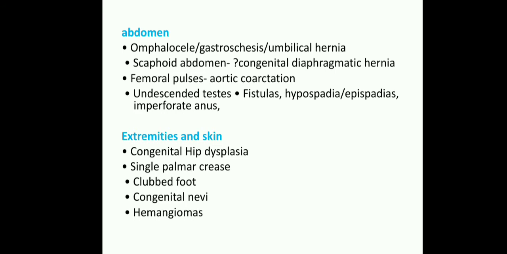And epispadias, you know about male children how the urethra is placed in the glans penis. But here epi means above the penis it is there. Hypo means below it is there. Imperforate anus, the child is suffering with closing of the anus. These are the abdominal congenital malformations. Okay, you have to check whenever you are doing the physical examination.